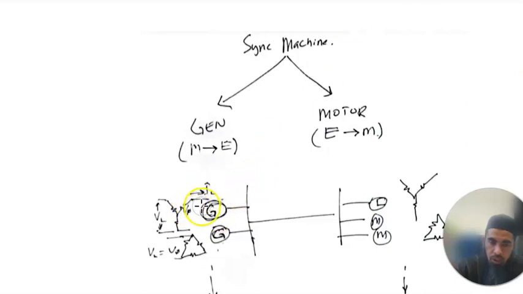For Y connection, your line current and your phase current are at the same value. See here, what goes out from the phase will go to the line and to your utilities.